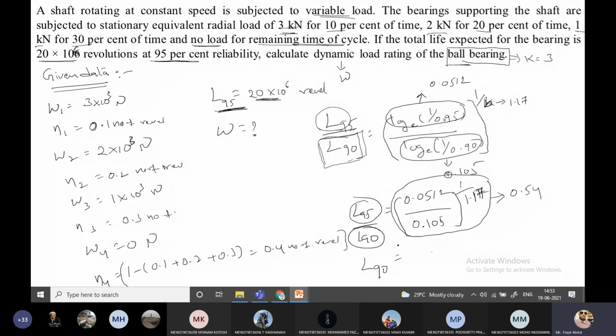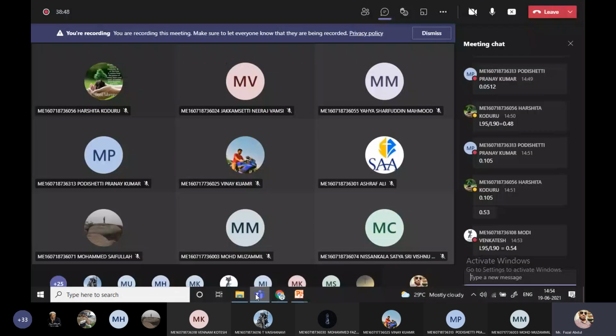So now L90 equals L95 by 0.54, that is 20 into 10 to the power of 6 by 0.54. Now how much is the L90 value?